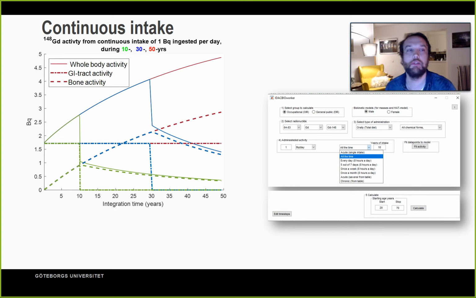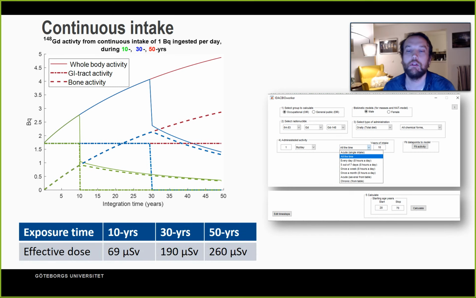If you look at the effective dose from these cases, you see that a 10-year exposure of 1 becquerel per day of gadolinium will result in 69 microsievert. If you do it for 30 years, it will become 190 microsievert, and for 50 years it will be 260. However, in Sweden, the dose restriction for members of the public from any type of exposure is 0.1 millisievert.